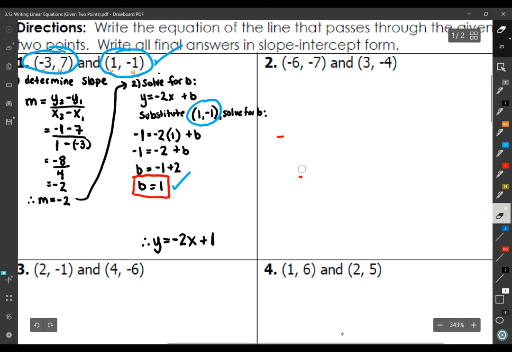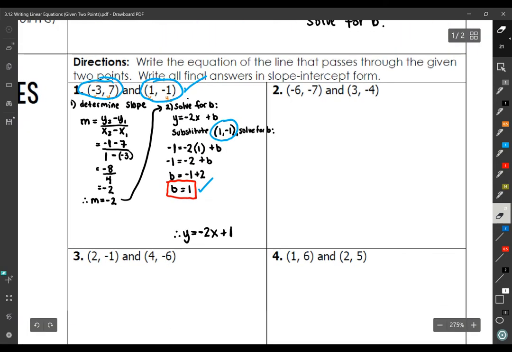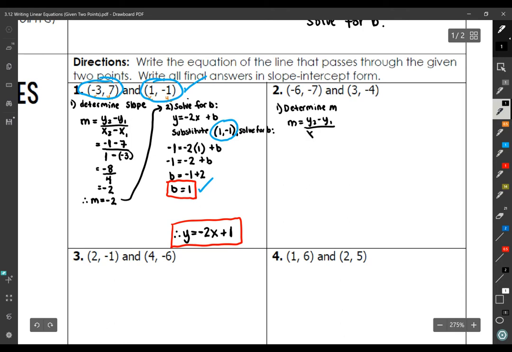All right, so let's do this one more time, okay? So we're going to do the 2 steps again exactly as we just did. So step 1, determine the slope, right? Determine m. So m is y2 minus y1 over x2 minus x1, okay? x1, y1, x2, y2.